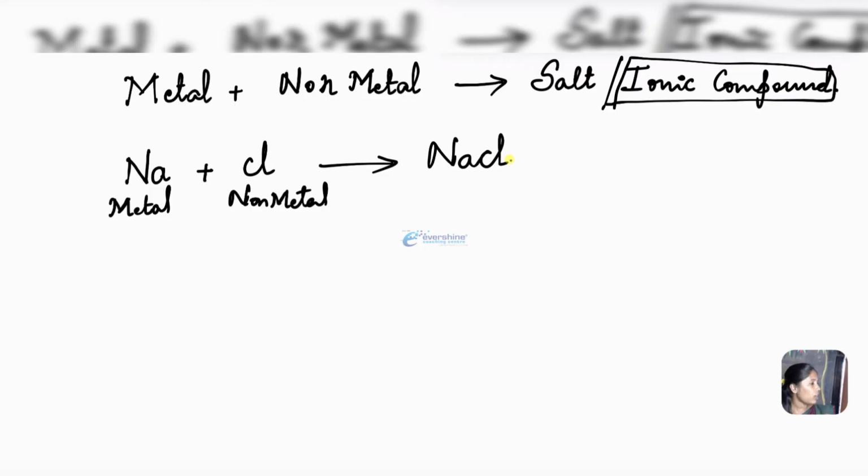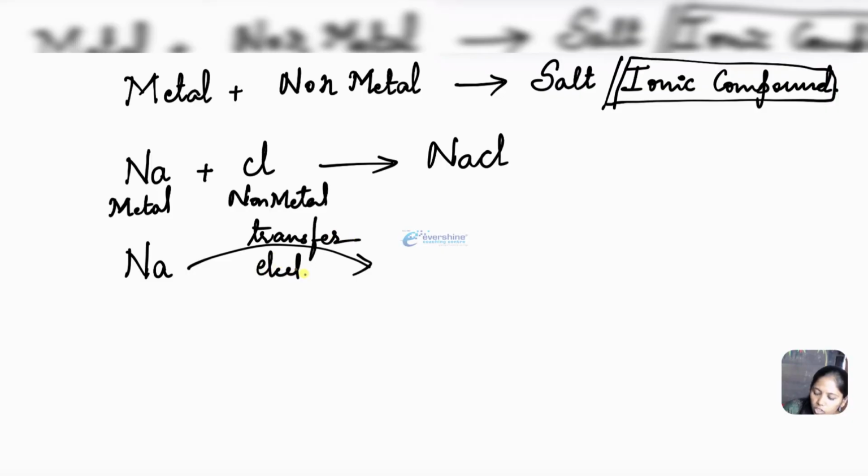How will it form a bond? It will form a bond by sharing of electrons or what? Transfer of electrons. Very good. Sodium transfers an electron to chlorine and forms sodium chloride.